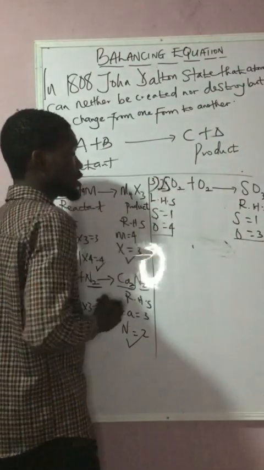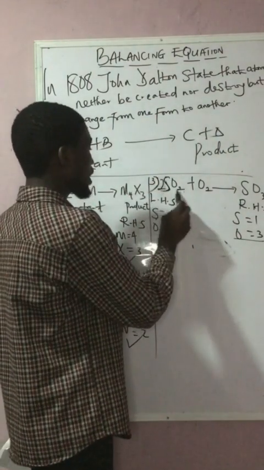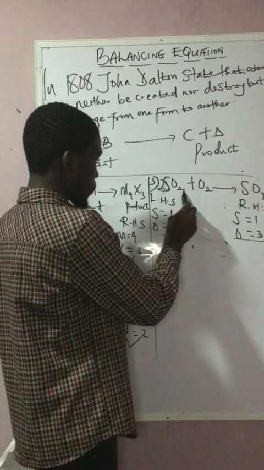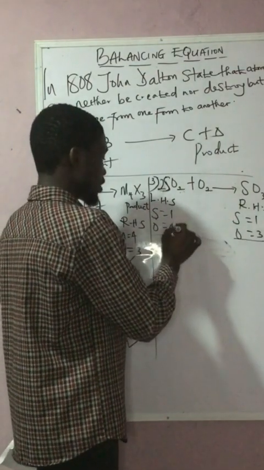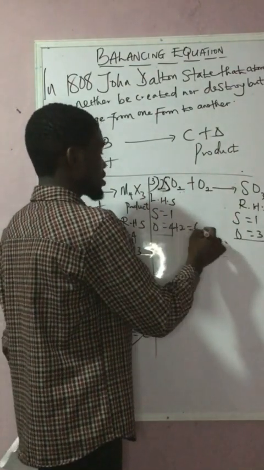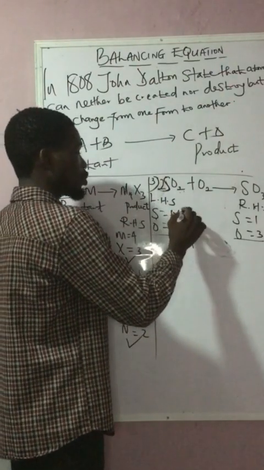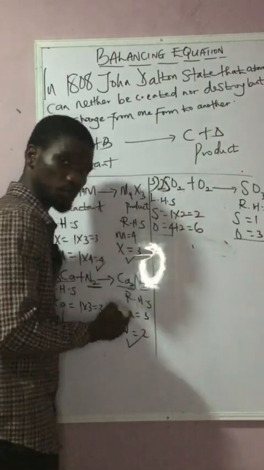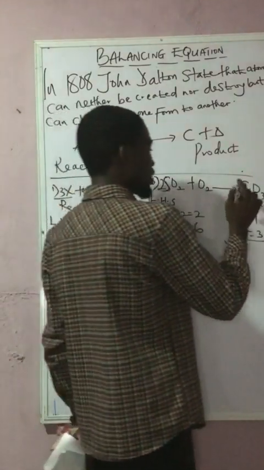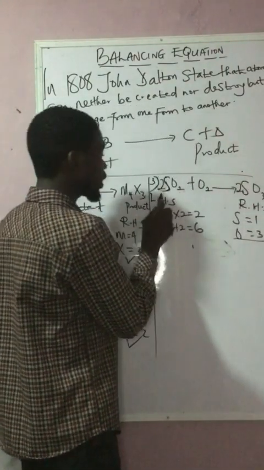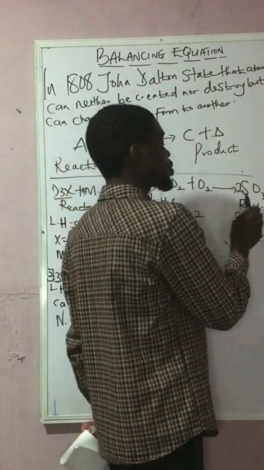If I should add 2 here now, let's see. 2 times 2 here is 4. Okay, plus 2, I have 6. My sulfur changed from 1 to 1 times 2, we have 2. And here, if I should add 2 here, because the sulfur initially was 1, and initially here also was 1.